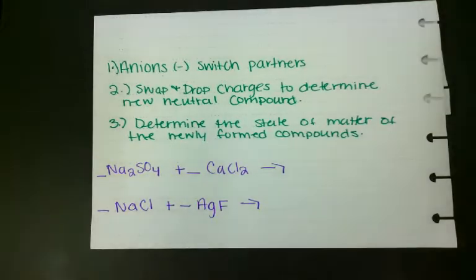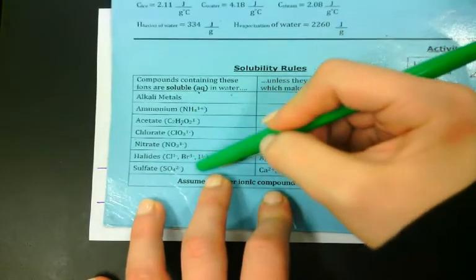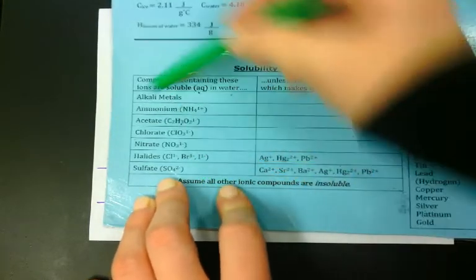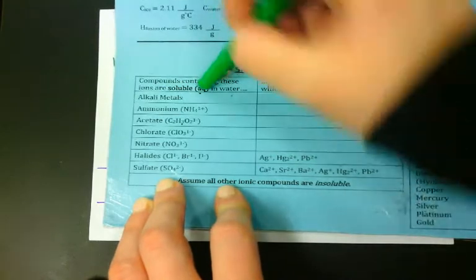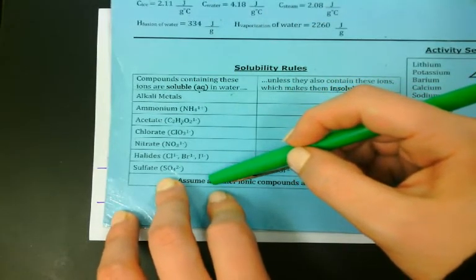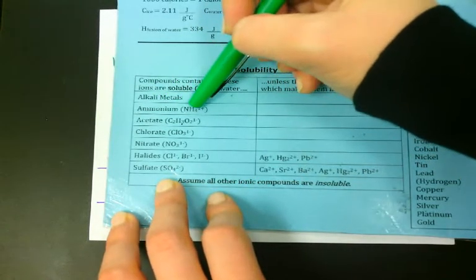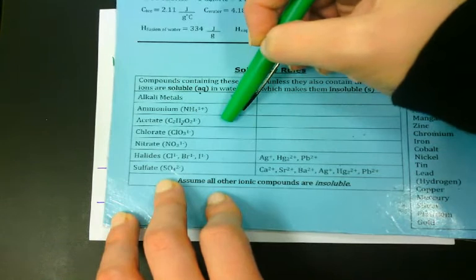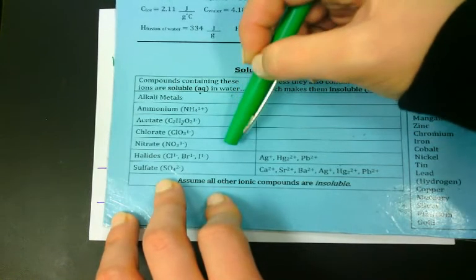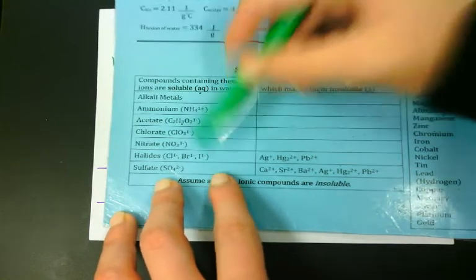To determine the state of matter, we look at our solubility rules. On the left-hand side of your solubility rules, you see that soluble compounds are found. Things that make soluble compounds are alkali metals, ammonium, acetate, chlorate, nitrate, halides, and sulfate.